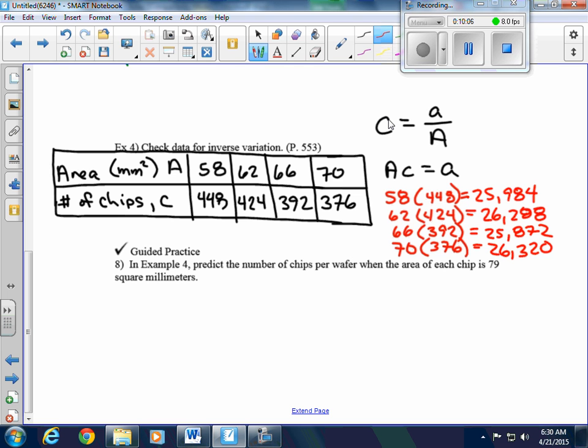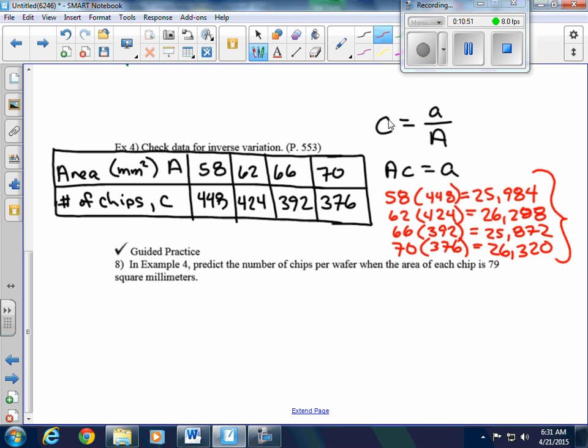So now notice in here, the constant of variation are those numbers on the right side. Well, they're not really constant. And in a real life situation, we may have a little variation in what those numbers are. So they tell us to check to see if this is an inverse variation. So we want to find out what the average is here. And if we look at this, first one's almost 26,000. The second one's just over 26,000.